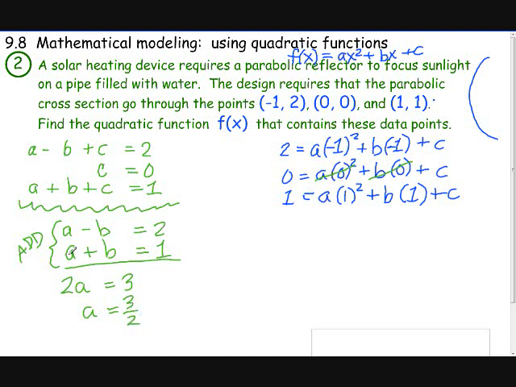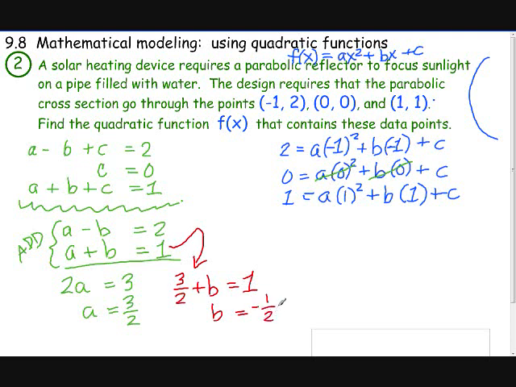My b, let's figure it out. I'll change color. I'll use this equation. It looks like it might be the easiest one to use. 3/2 plus b equals 1. I'm going to subtract 3/2 from both sides. I'm going to get b equals, 1 is how many halves? 2 halves. So I've got 2 halves minus 3 halves giving me a negative 1/2.